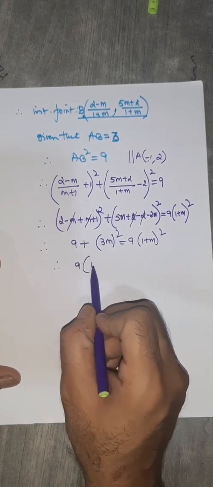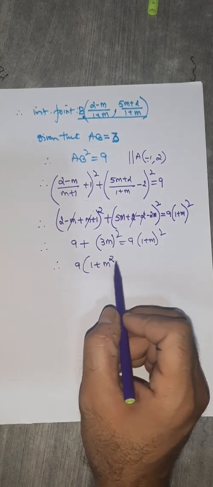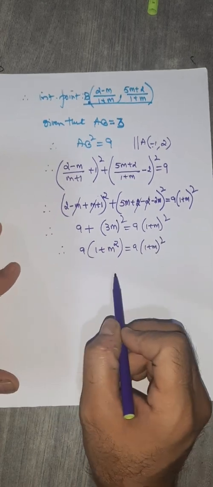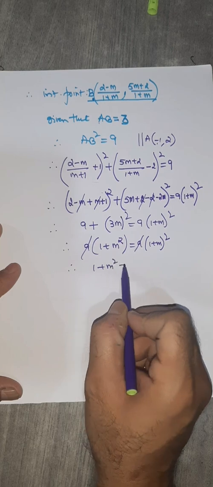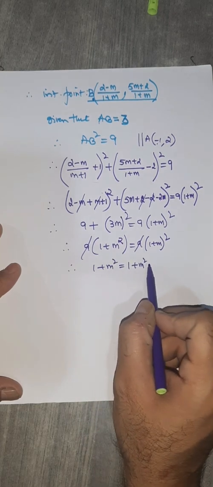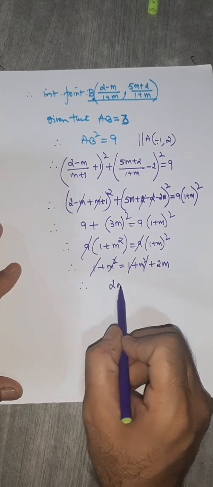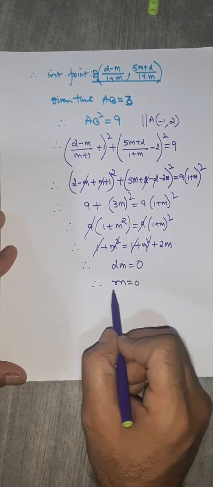Take 9 common, so this is 1 plus m square equals 9 into 1 plus m, the whole square. Okay, so 9 will get cancelled. 1 plus m square as it is, and this is 1 plus m square plus 2m. So both terms will get cancelled, so you have 2m equals 0, and therefore m equals 0, right?